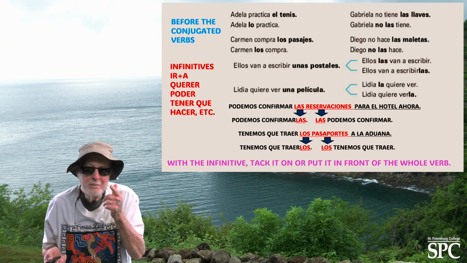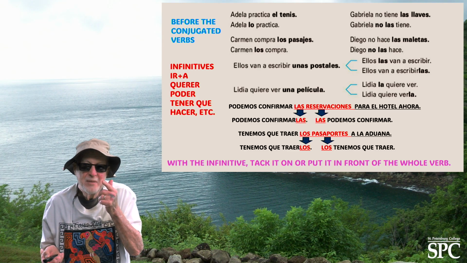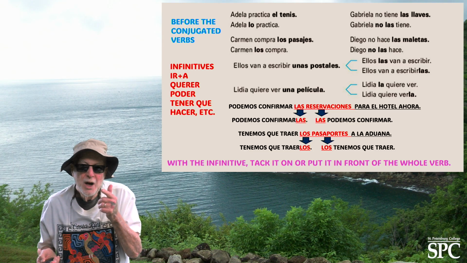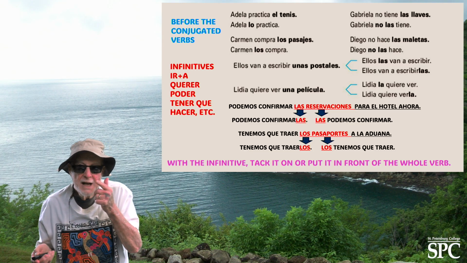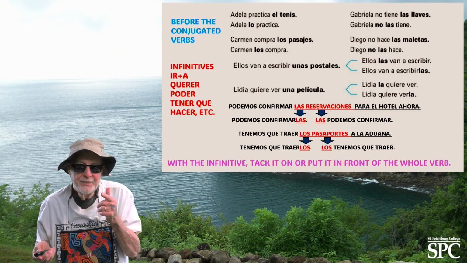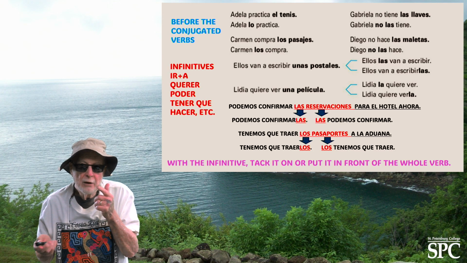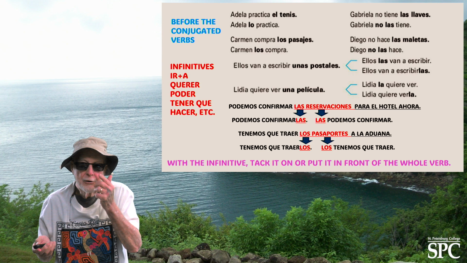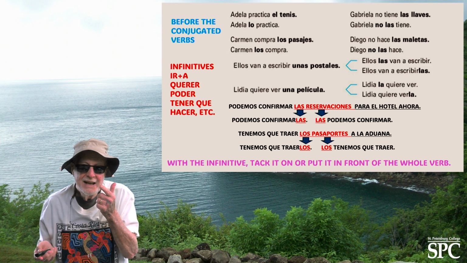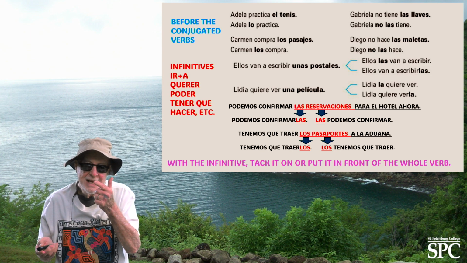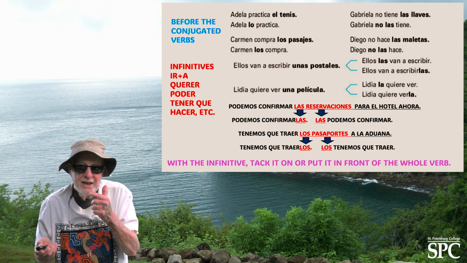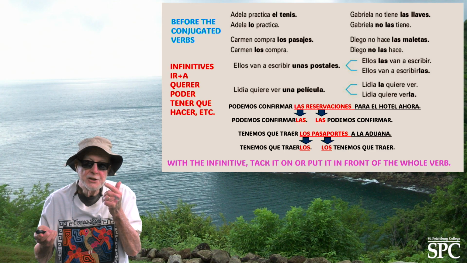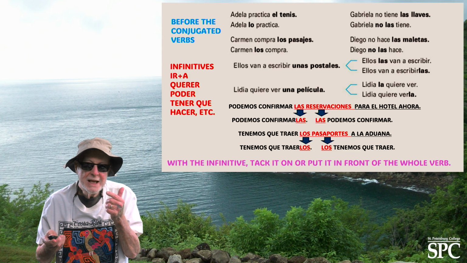Podemos confirmar las reservaciones para el hotel ahora. We can confirm the hotel reservations now. Well, hotel reservations, those are the las reservaciones. We're going to replace las reservaciones, the object, with the single direct object pronoun, which is going to be las.